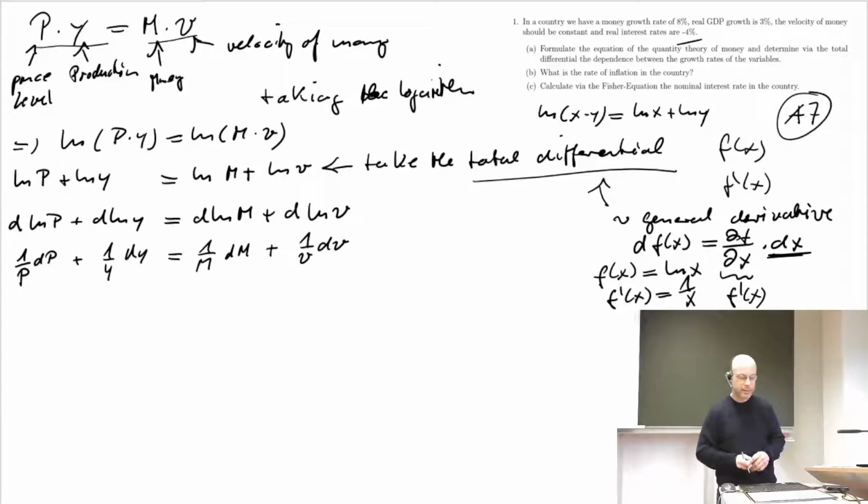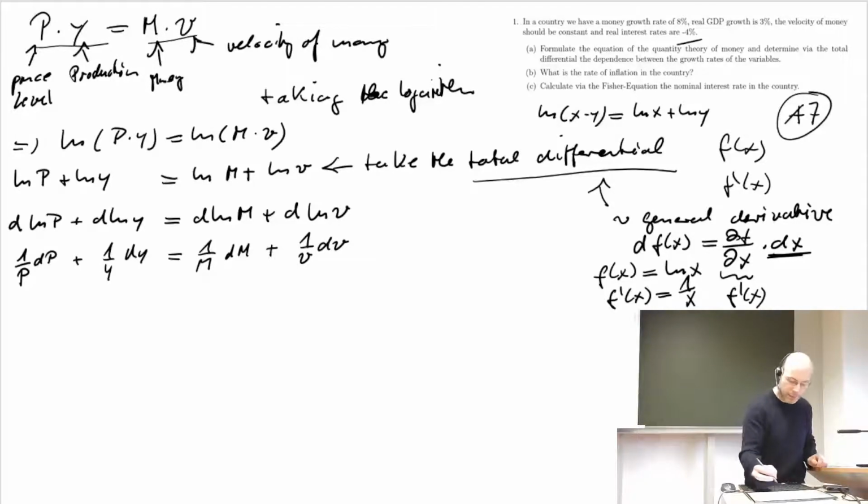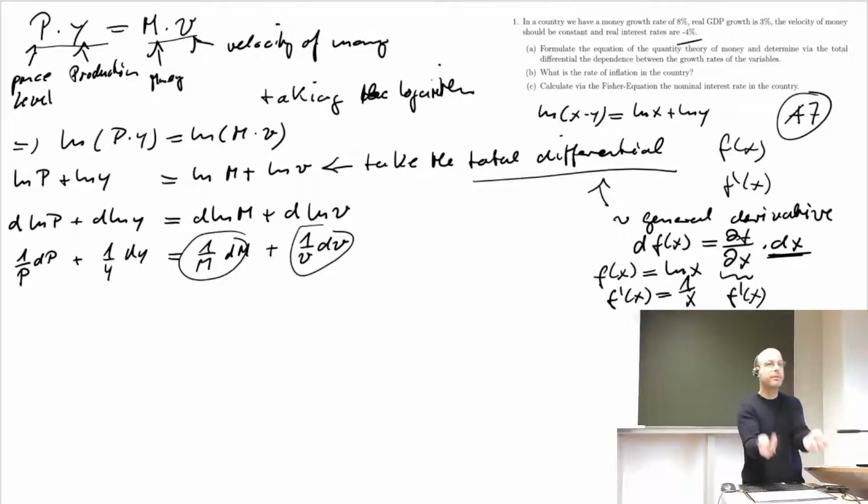And the nice thing is now that we always have here the change of the variable divided by the variable itself, and this is nothing else than our growth rates.